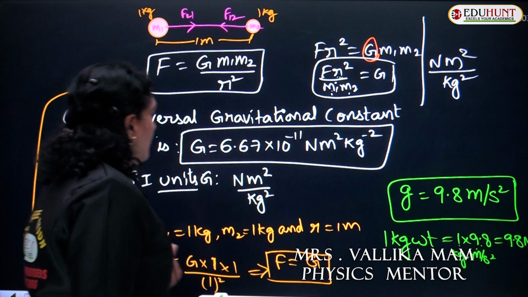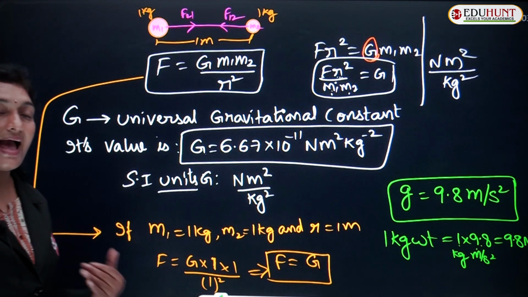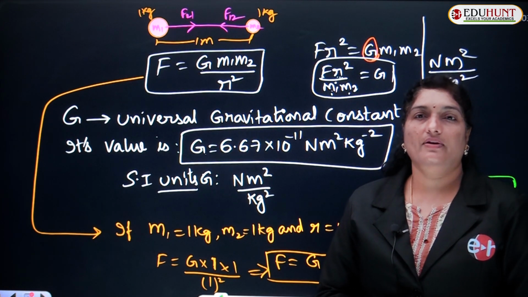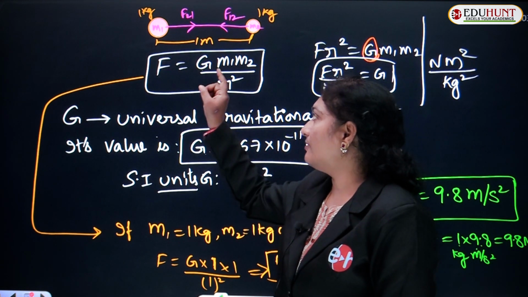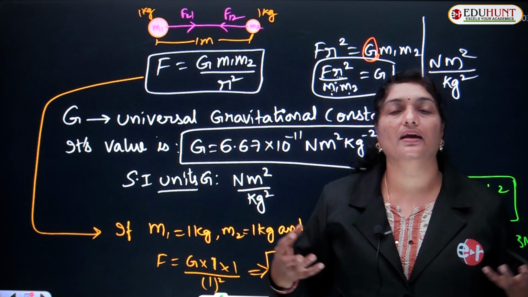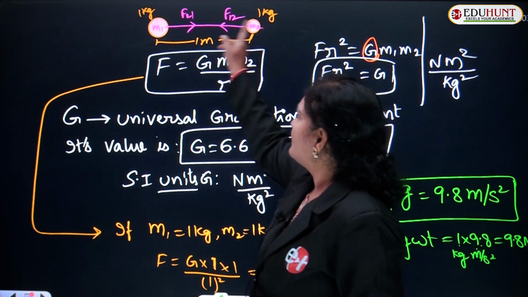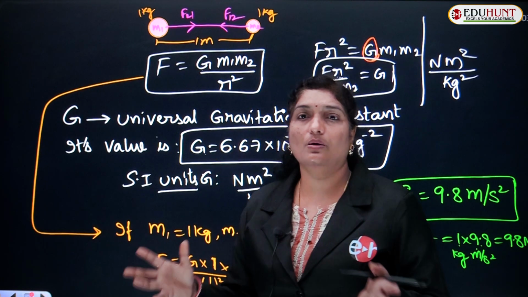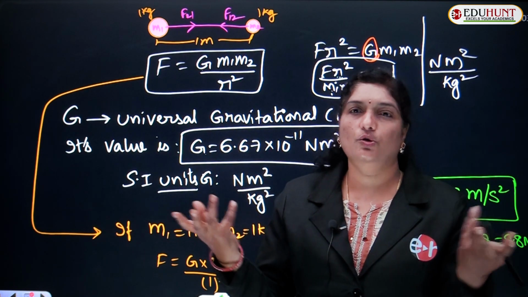So now let us try to understand the characteristics of this law, the universal law of gravitation. Children, as we have discussed, the force acts between these two bodies. Are these two bodies kept in contact? Are they kept at some distance? There is no contact between the two masses.